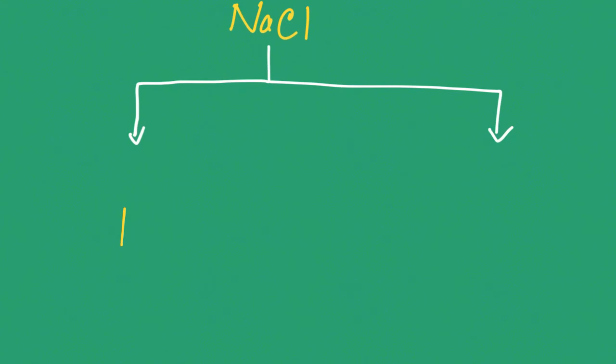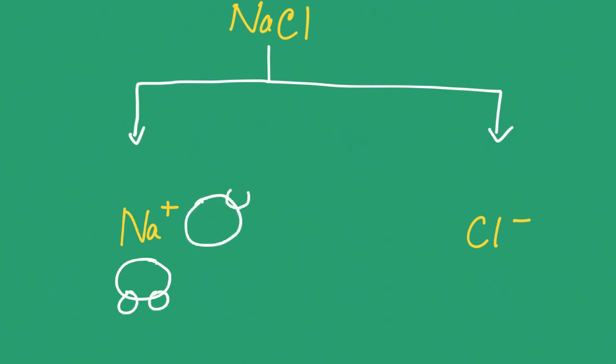Since water is a polar molecule, it is a great solvent. It allows salts such as sodium chloride to dissolve. So how does that happen? Sodium and chloride break up into sodium ions and chloride ions, and water molecules surround them in an interesting way.